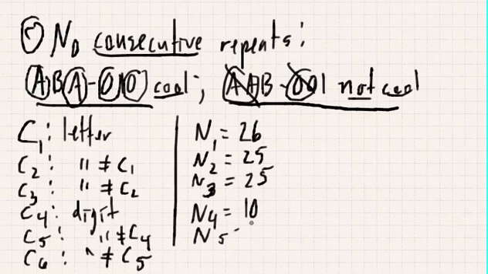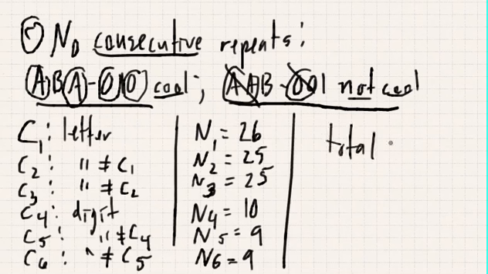The number of choices for the fifth character, the second digit, is 9 because it could be anything but the first digit. And N6, the number of possibilities for my third digit, could be equal to the first digit, but cannot be equal to the second digit, so I've got 9 possibilities.